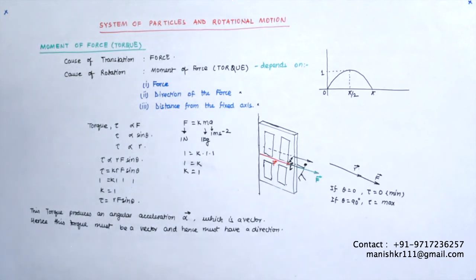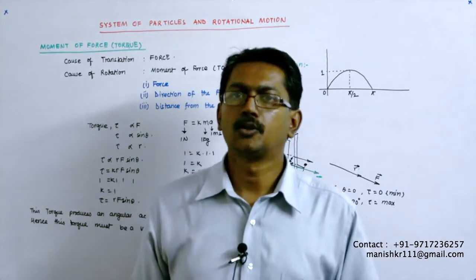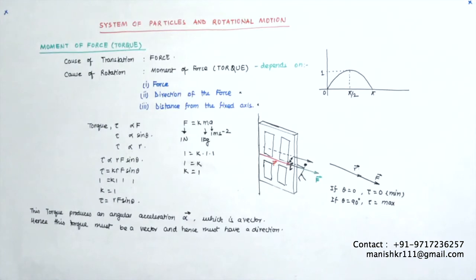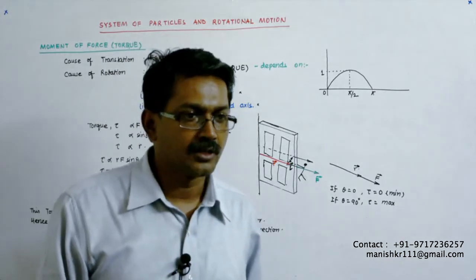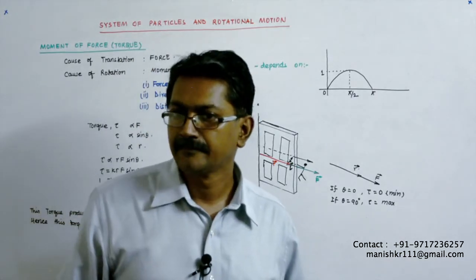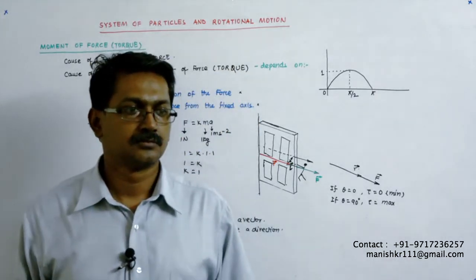It must have a direction. Do we get that? So it must be a vector and must have a direction. Now what direction? What direction?